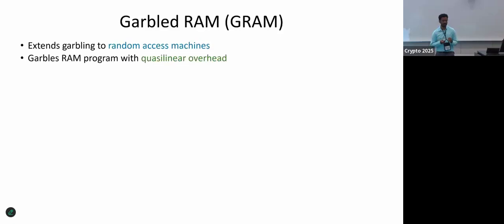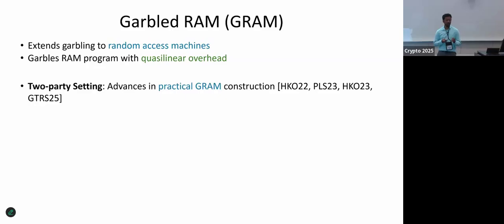The second result is in the context of garbled RAM. This extends garbling to random access machines, and it garbles a RAM program with quasi-linear overhead. In the two-party setting, there have been constructions to obtain practically efficient garbled RAM, and the next talk is actually going to be in this space.